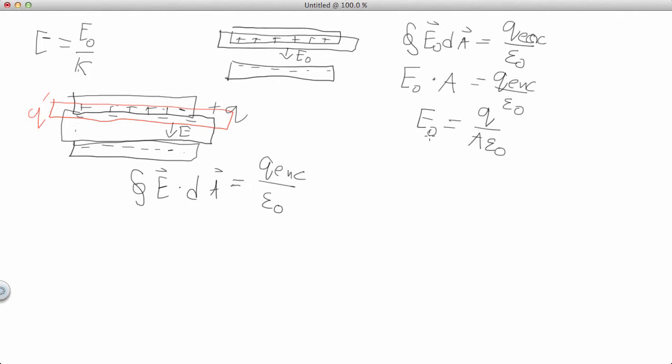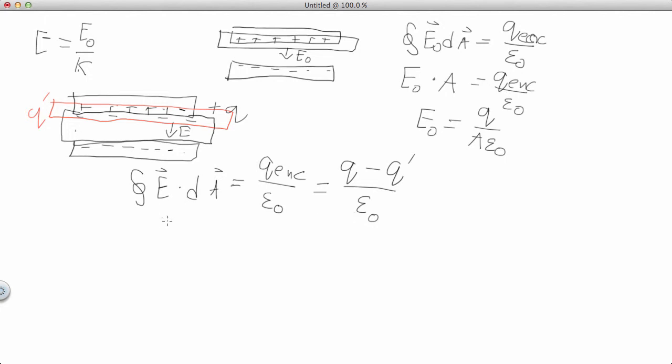And so this E naught was the field we would have without a dielectric. E is the field we'd have with the dielectric. So Q enclosed now equals Q, the charge on the capacitor, minus Q prime. So this equals Q minus Q prime over epsilon naught.